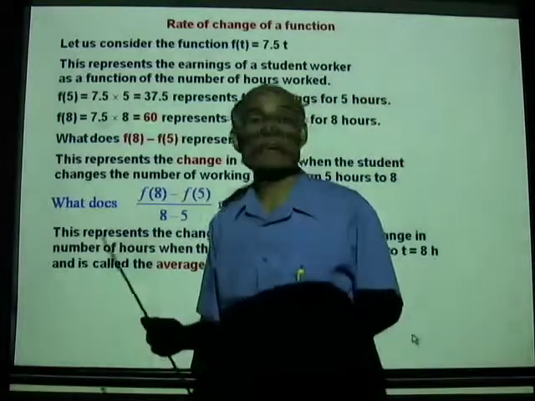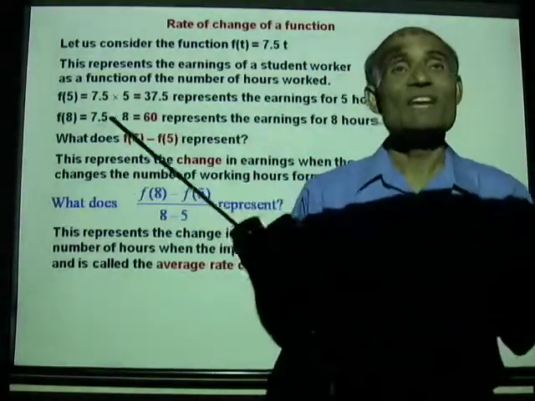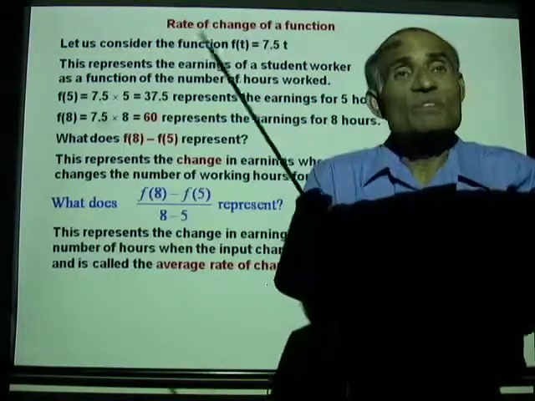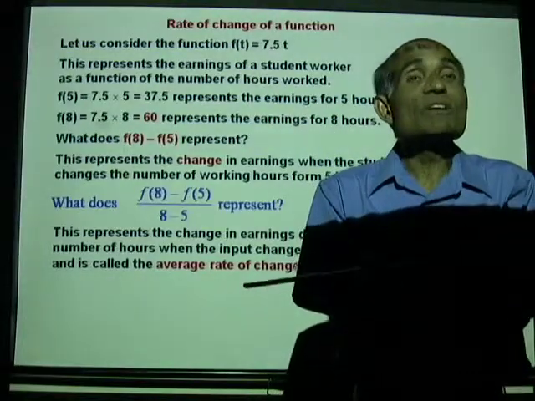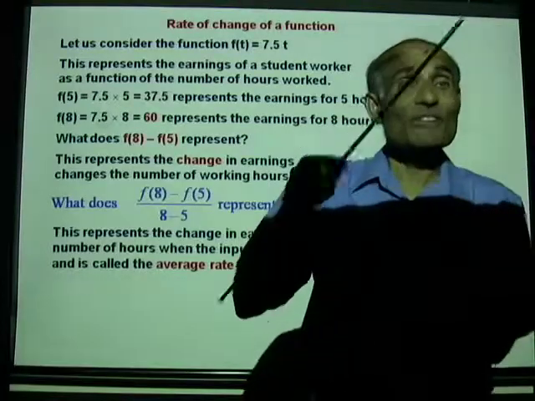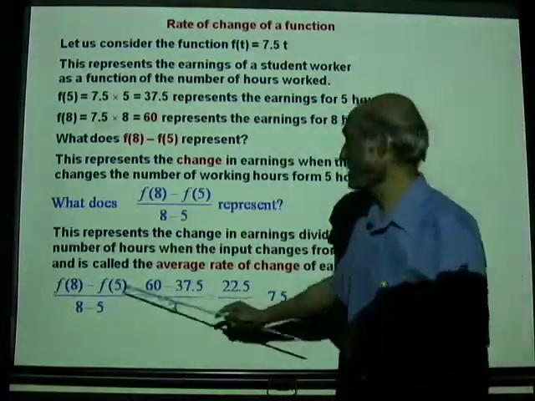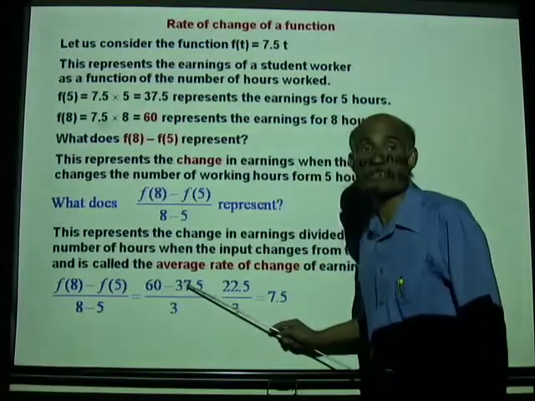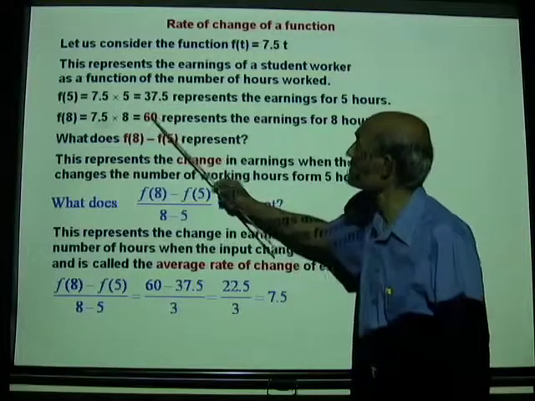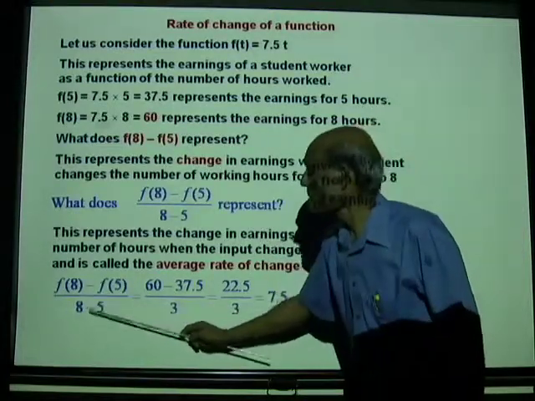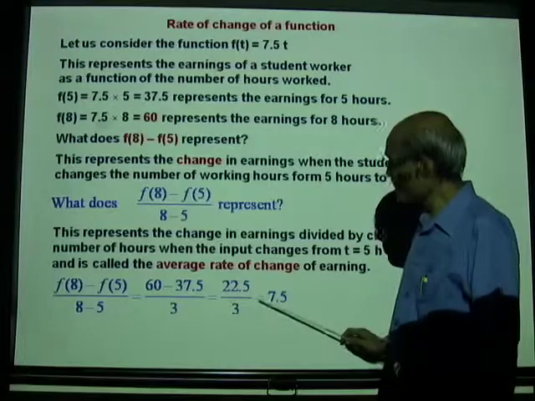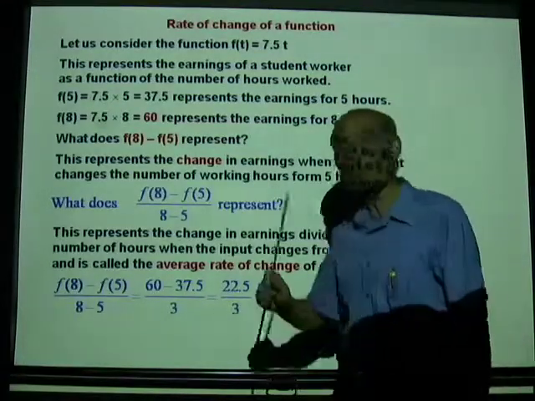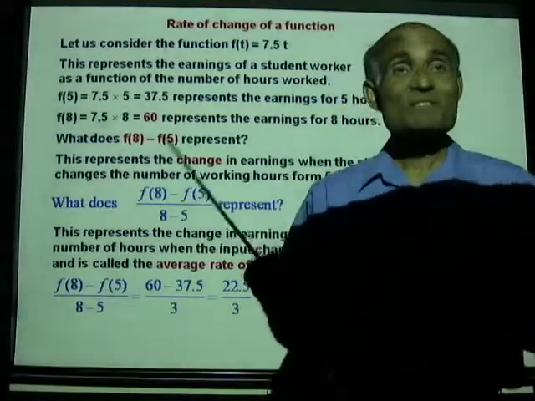So, average rate of change of a function is a measure of the change in the value of the function divided by the change in the input that causes that change in the output. Now, in this case, f of 8 minus f of 5 is 60 minus 37.5, there you are, divided by 8 minus 5, and what does it give you? It is 7.5. And what is 7.5?